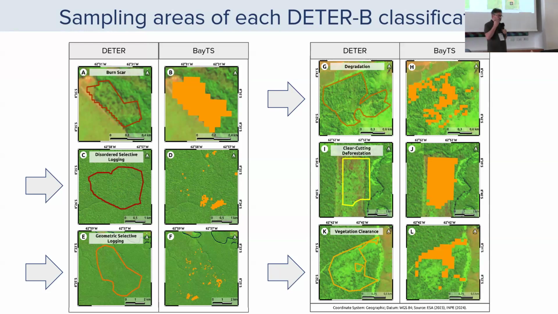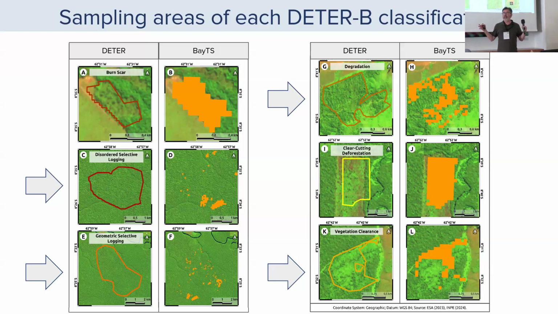The reason is that these techniques are pixel-based, because the time series is a pixel-based time series. But of course, all disturbances are spatial. The guy doesn't go in there and deforest a tree. The guy goes there and deforests an area. When it burns, they usually burn the whole area.